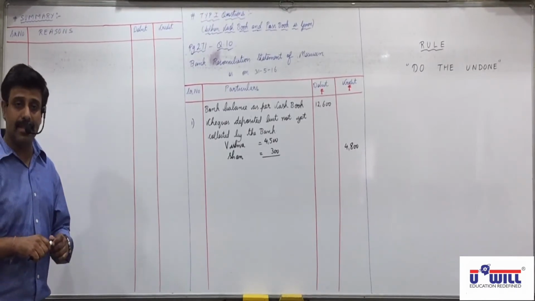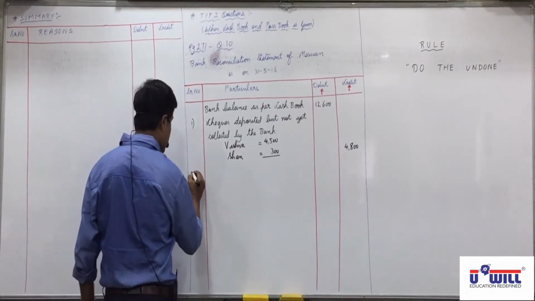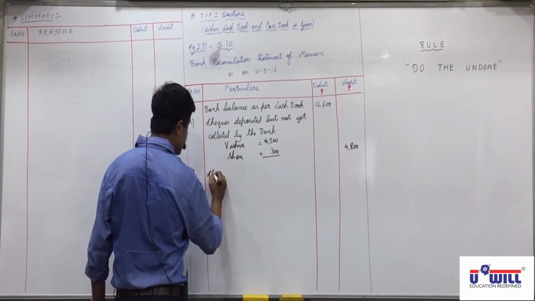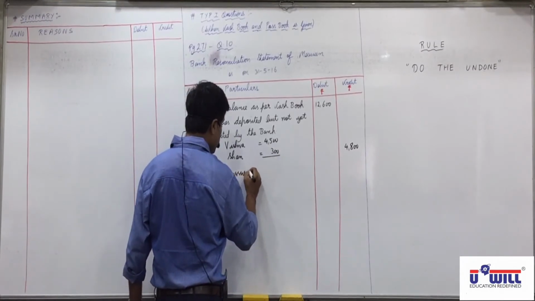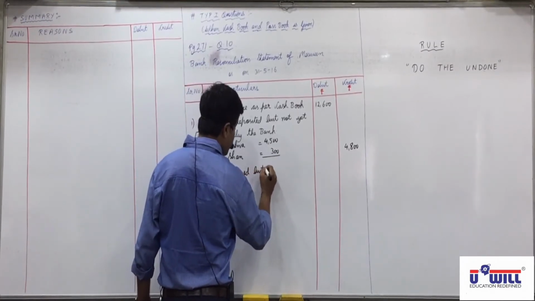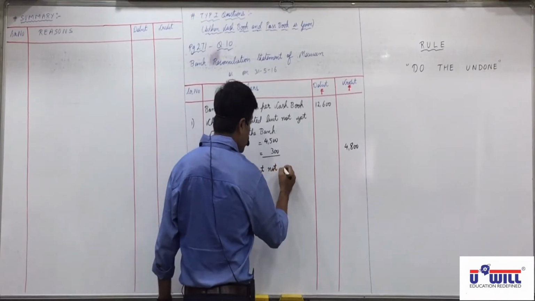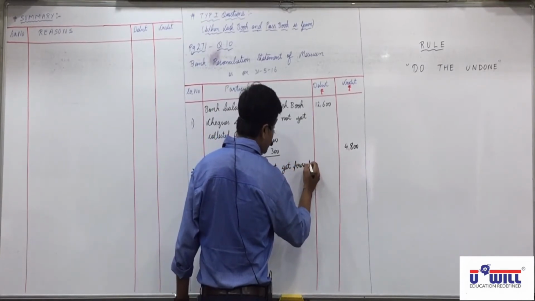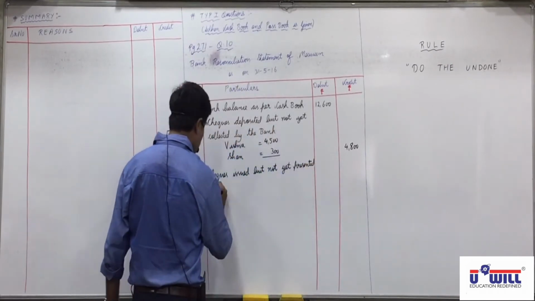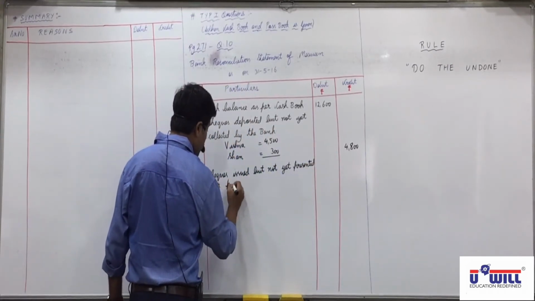All are clear with this reason? So write down the second reason: checks issued but not yet presented for payment.